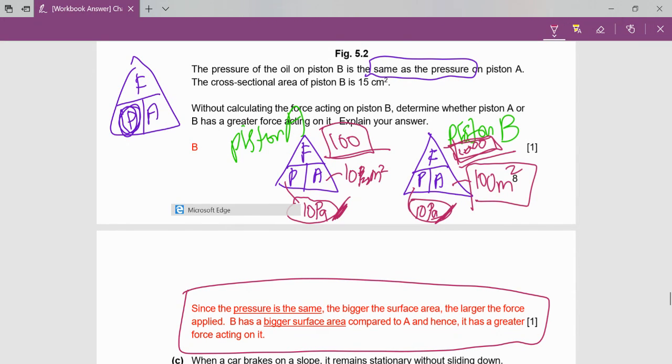Since pressure is the same, if there's a larger surface area, you need a larger force to be applied in order to get the same pressure. So it has to balance out, as I have shown you using these two examples.